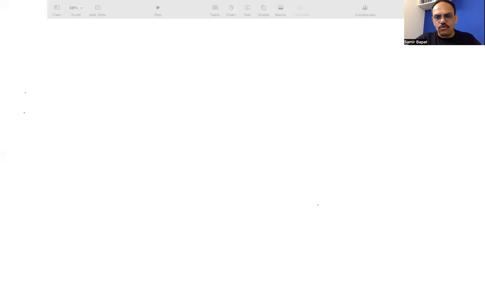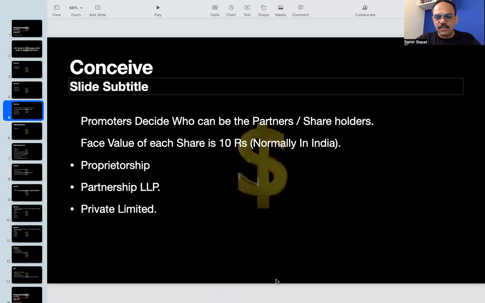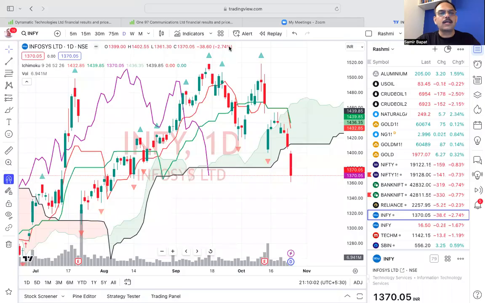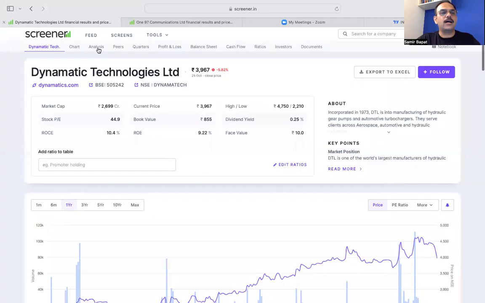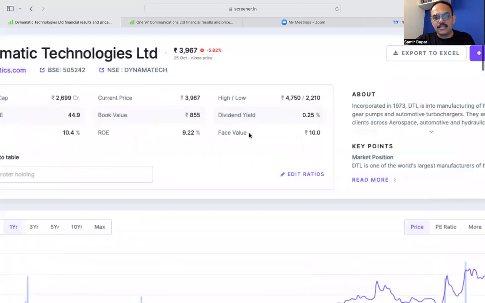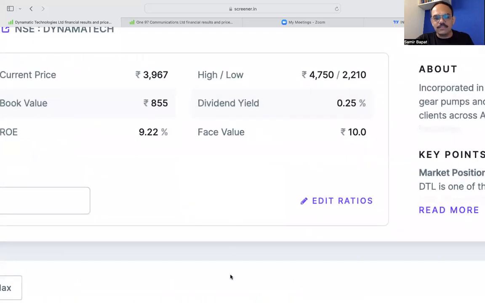Just I will show two examples of face value. Here, if we go, see Dynamatic Technologies Limited. Here, now the share price is 3,967 rupees, as of now. But if you see here, I'll just expand. If you see face value is 10 rupees, right?